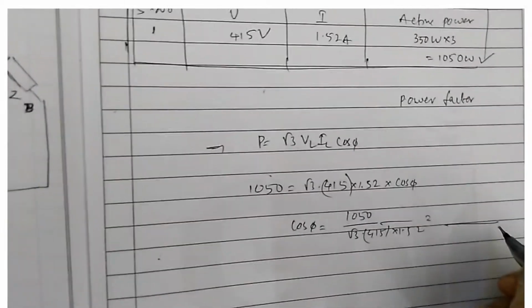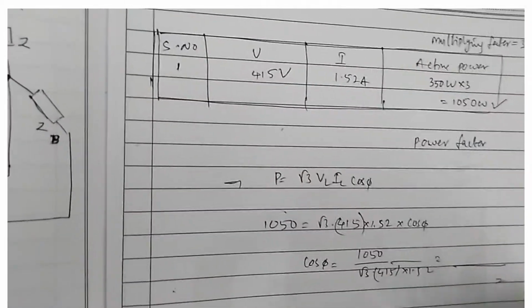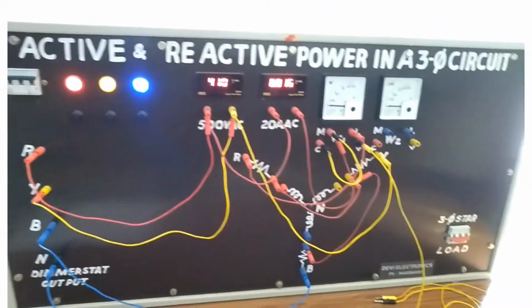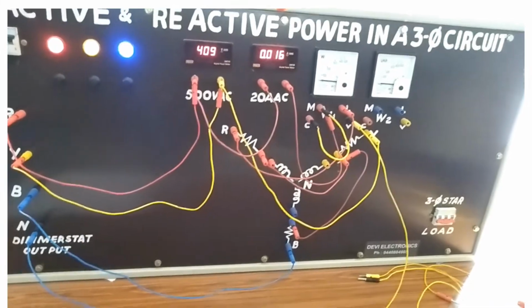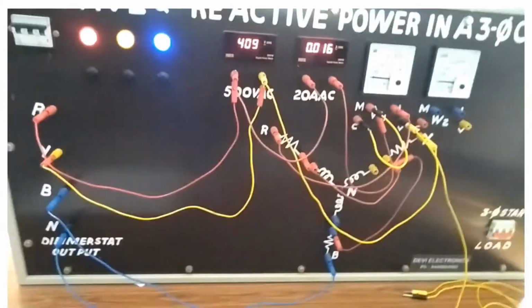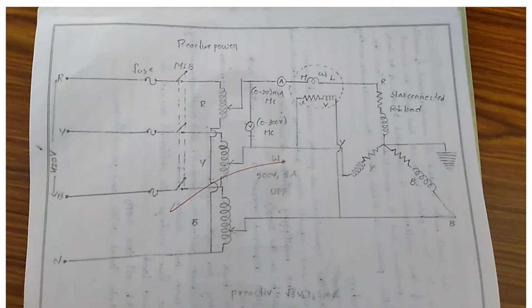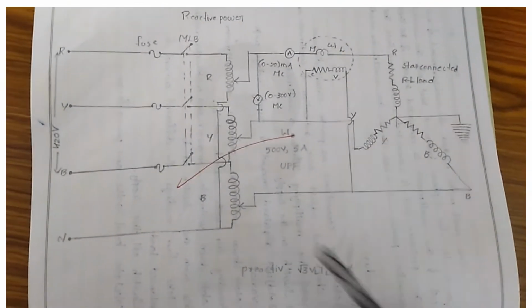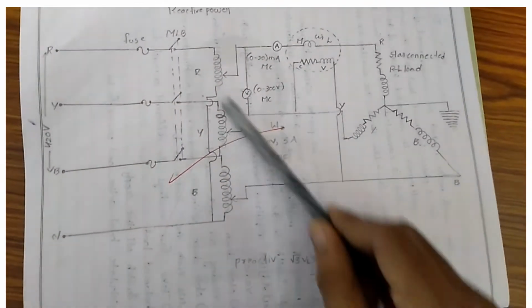This gives the value of the power factor. In this way you can measure the active power as well as the power factor in a 3-phase circuit. Now let us see the reactive power measurement in the same panel board here. The circuit diagram is the same as in the previous section.